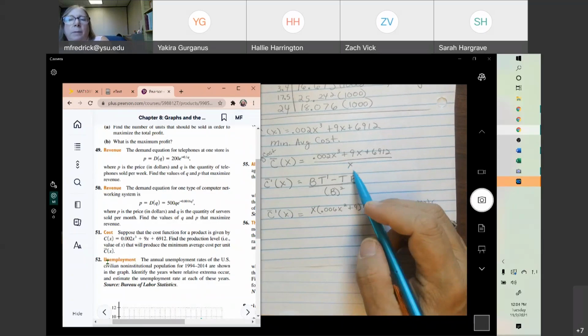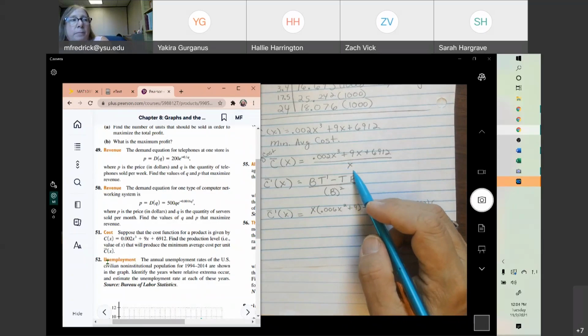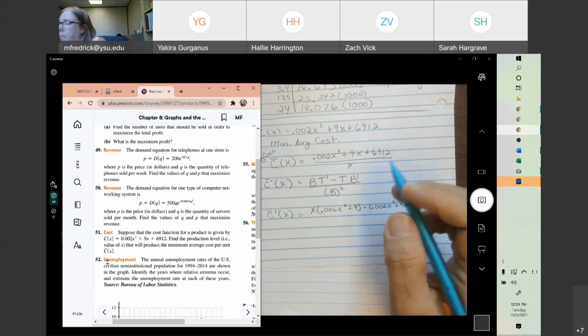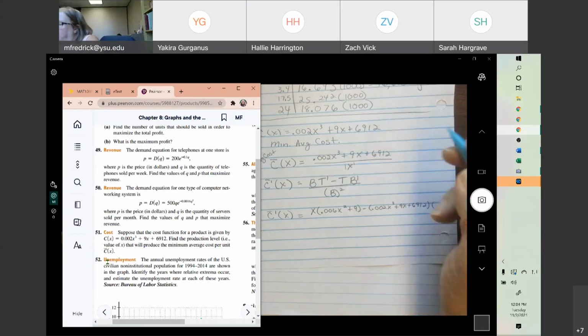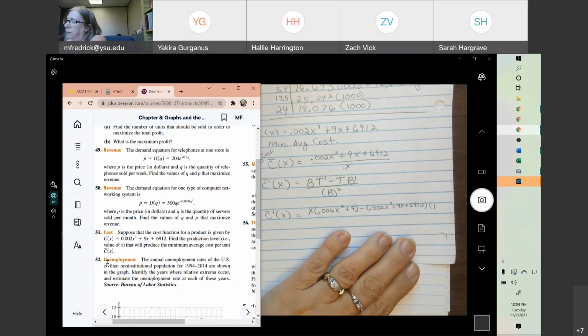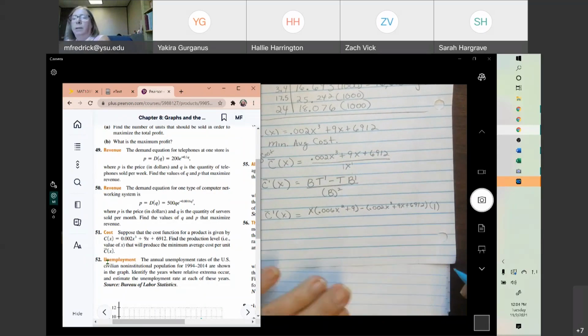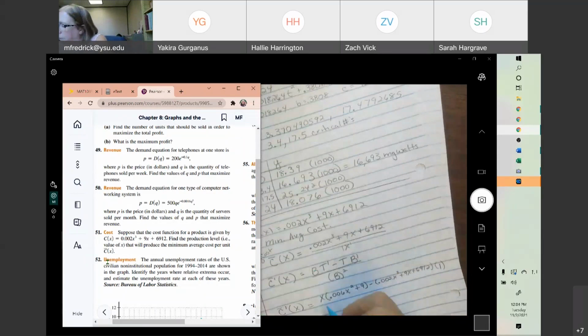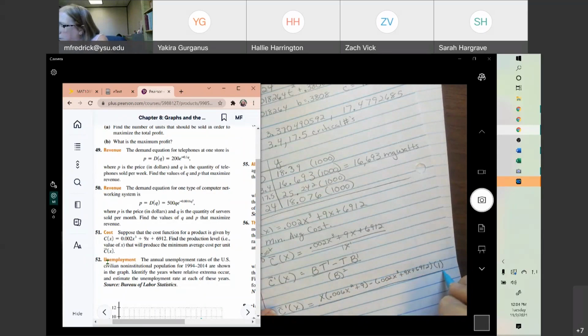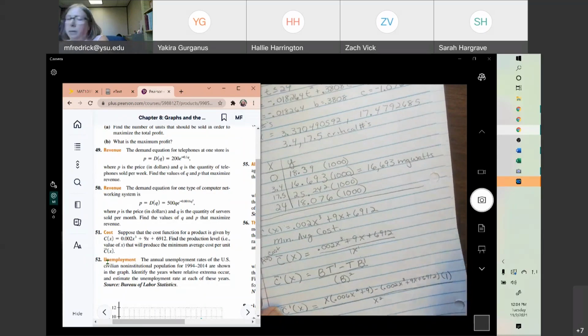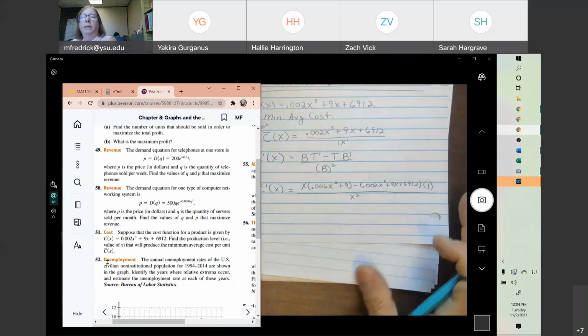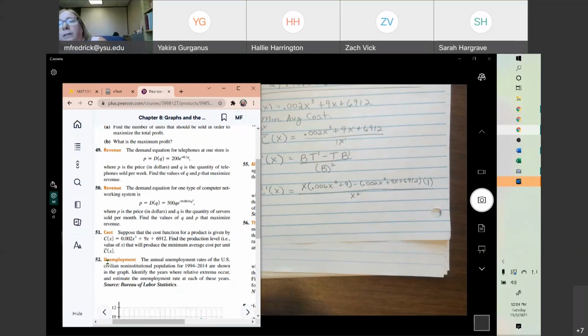What's the derivative of the bottom? 1. Yeah. Because when we take 1 times 1 and get 1, x to the 0 falls off, so it's just 1. All over the bottom squared. So that's our derivative. If you want to simplify it, you can.